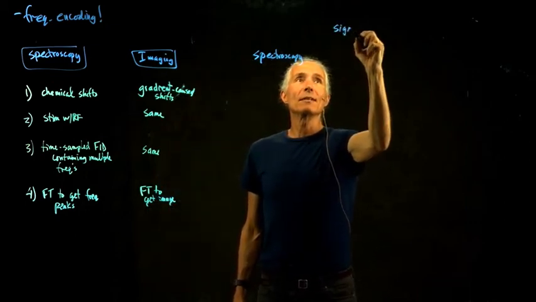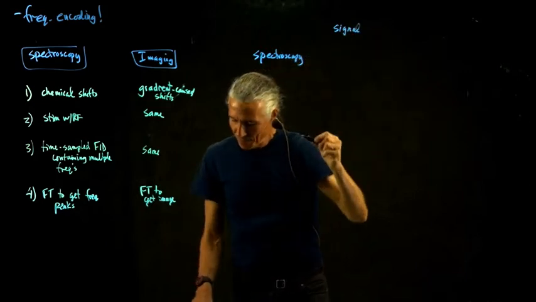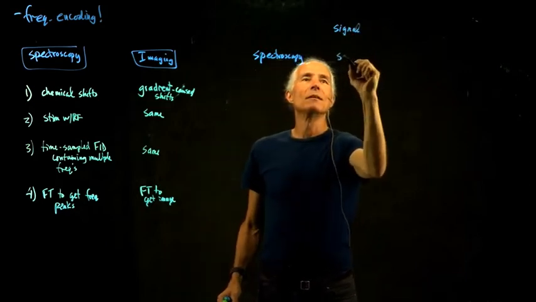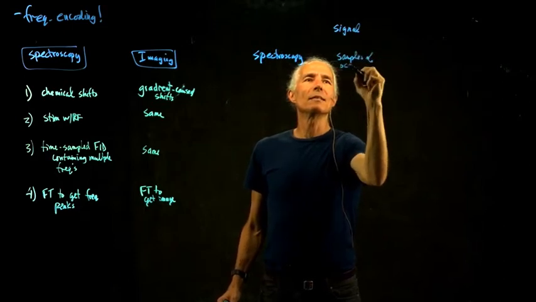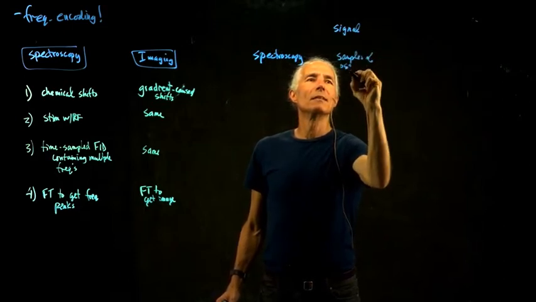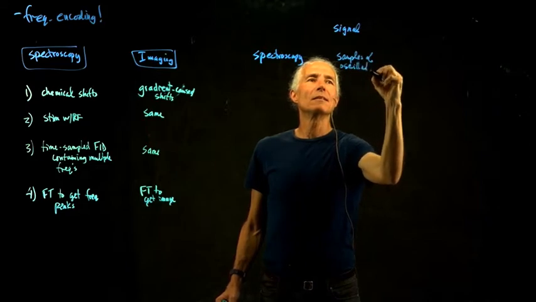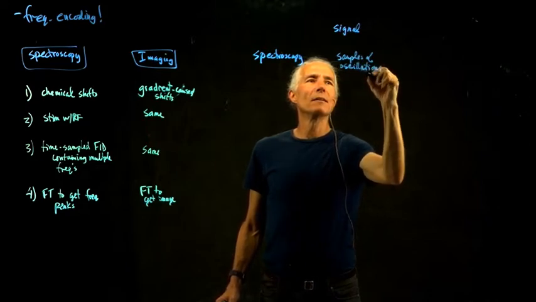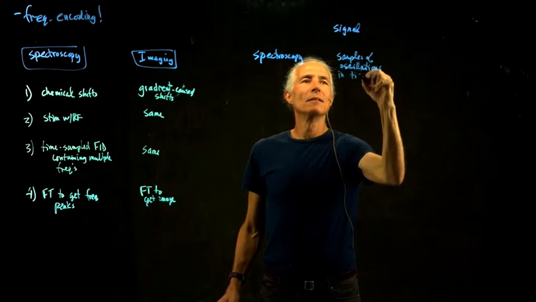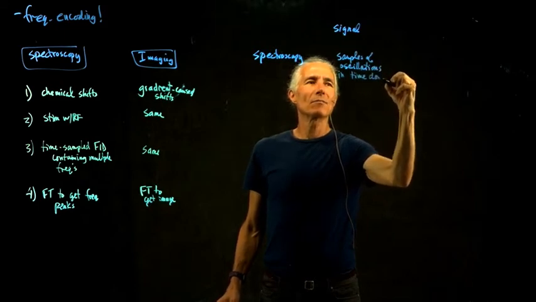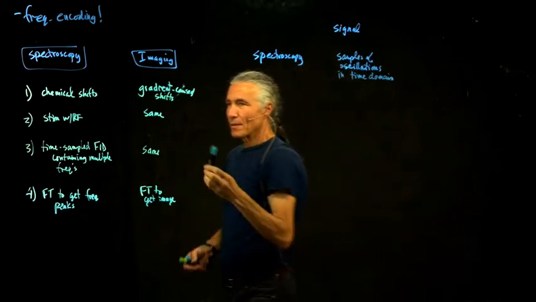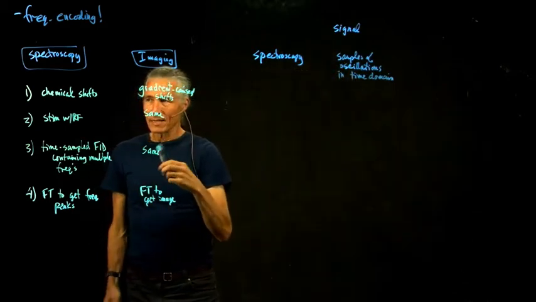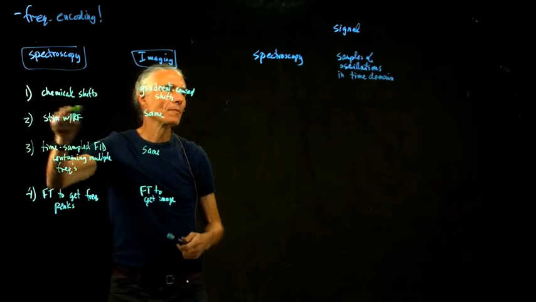Our signal is basically samples of oscillations in the time domain, because we're actually looking at these different protons, and they're oscillating at different frequencies, chemical shift.